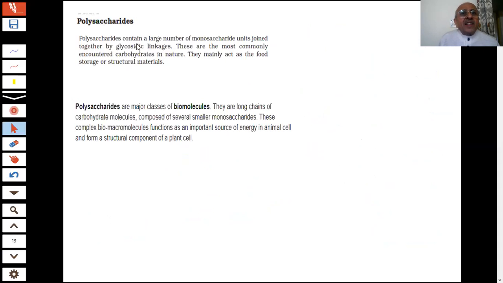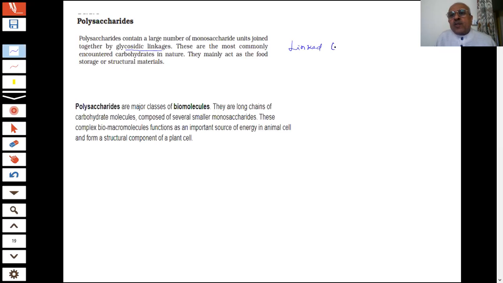Okay, polysaccharides. Now what we are talking about is polysaccharides, students. Polysaccharides are those which contain a large number of monosaccharide units joined together by glycosidic linkages. Always I am using the word glycosidic linkages. This is an important question. Monosaccharides are linked through what bond, student?